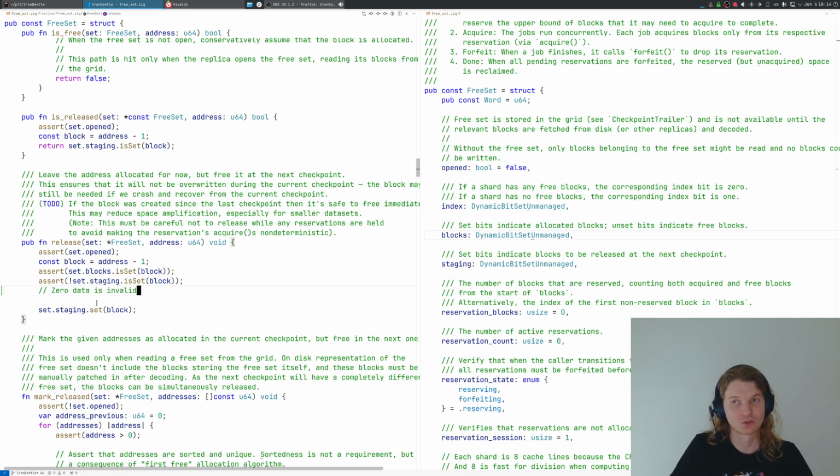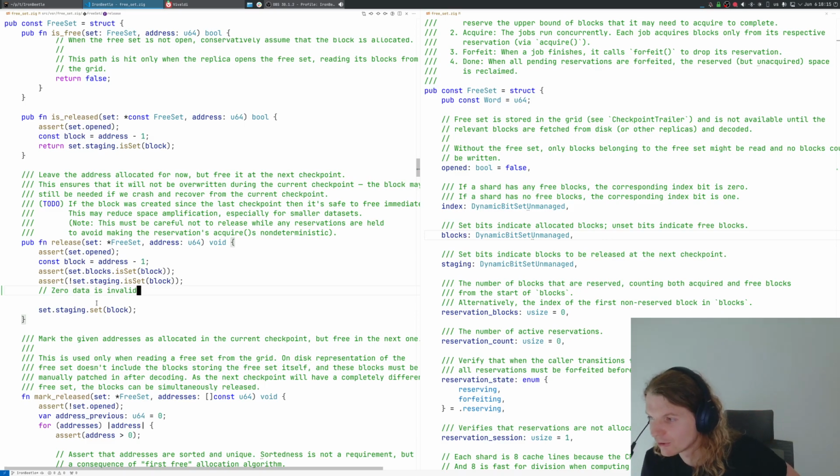Every time you see something which is physically zero, just zero bytes, you should know that this is not actually a zero value, but an invalid value, and you should crash. That is because in low-level programming, it's very easy to get uninitialized memory, or memory which was intentionally zeroed. So by forbidding zero data, we proactively catch any instance where what we're using is actually uninitialized. That's why we count our blocks from 1.